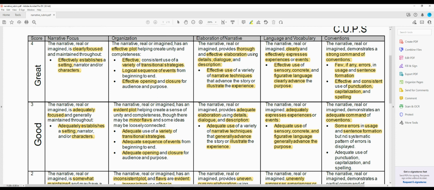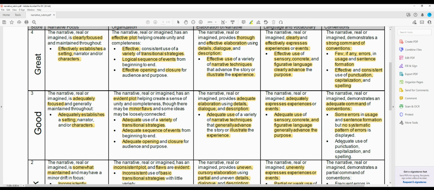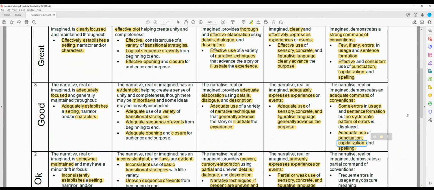Okay, so you don't really know, like maybe you just went too quickly or you missed something in your editing, so there's no systematic pattern of errors. Adequate use of punctuation, capitalization, and spelling. So here's the U in cups, and this is that C, P, and S for cups.